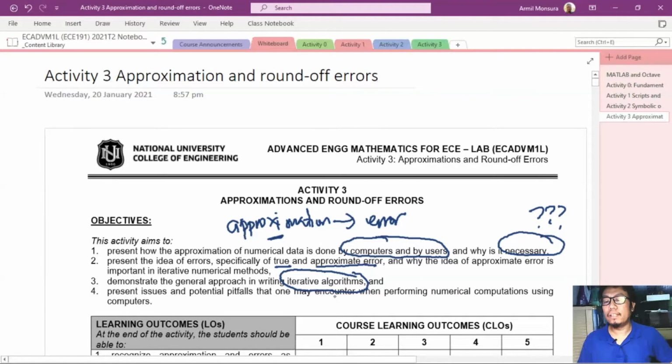And we would also talk about some example scripts that implement iterative algorithms.